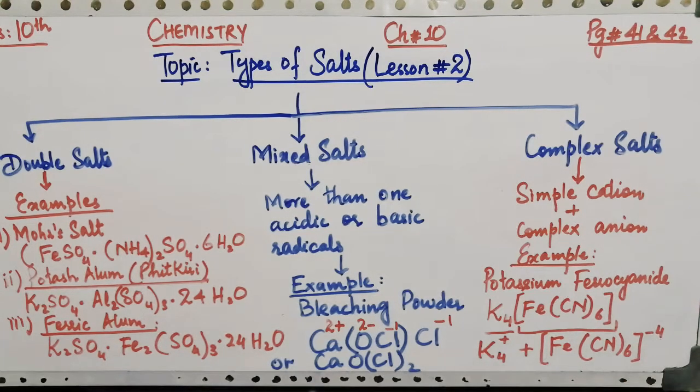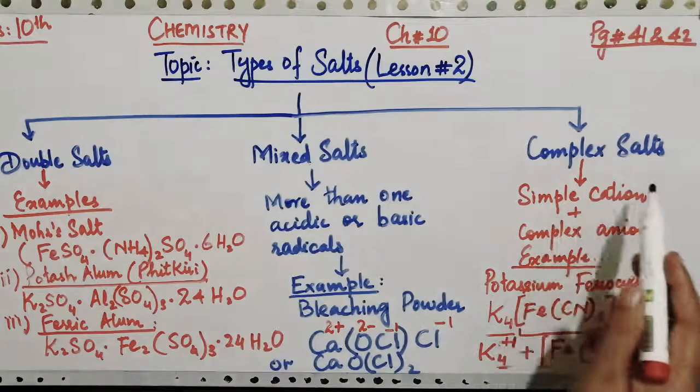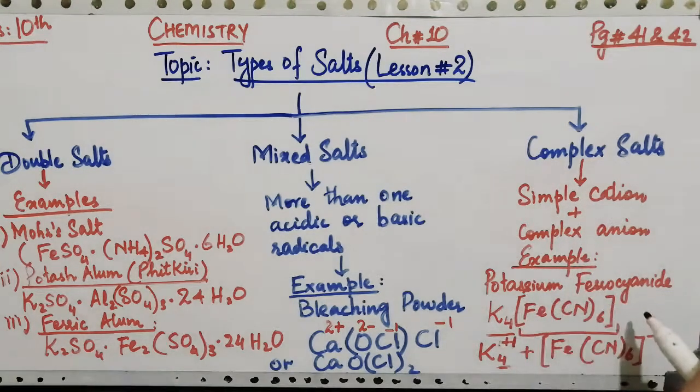Because the valency or the charge present on potassium is +1. Here I am writing 1. So potassium having a +1 charge on it, and you can observe four potassium ions are participating in making the complex salt, that is potassium ferrocyanide.